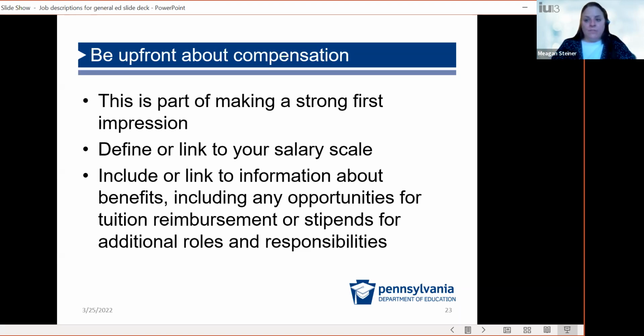It may be hard to define your salary scale in a little post on a search platform, but you can link to further information. You can also include or link to information about benefits, including any opportunities you may have for tuition reimbursements or stipends for additional roles and responsibilities that teachers can choose to take on or apply to take on.